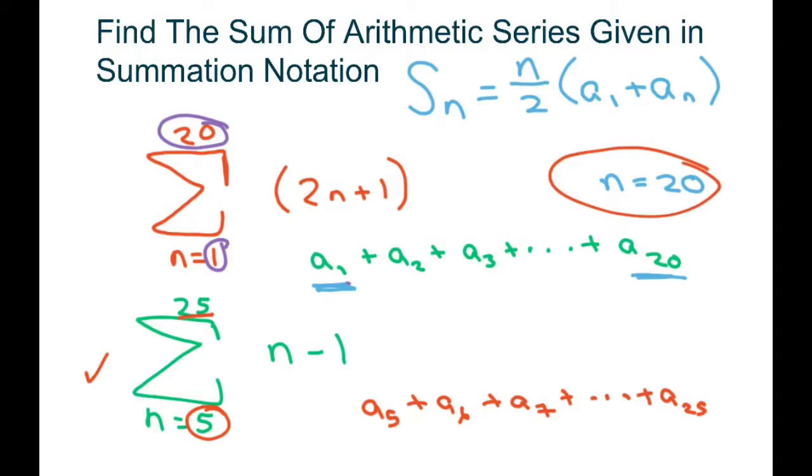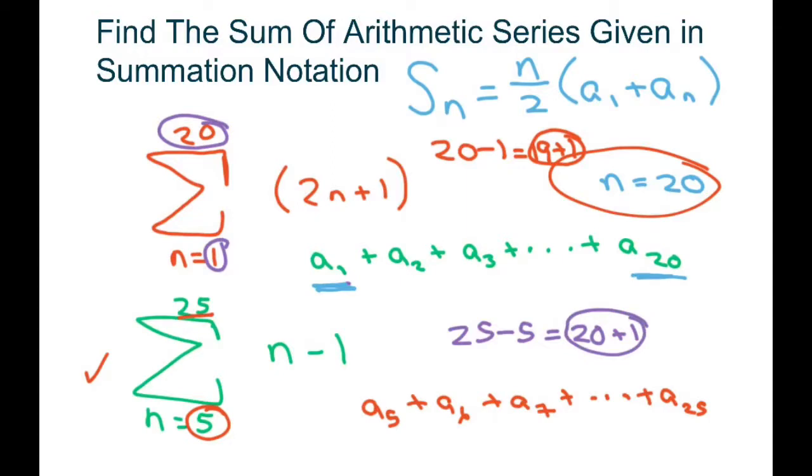So what you do is you take your number here and you go 20 minus 1, which is 19. Then you add 1. So that's your 20 terms. So what we're going to do with this one is say 25 minus 5, which gives you 20, but you add 1.